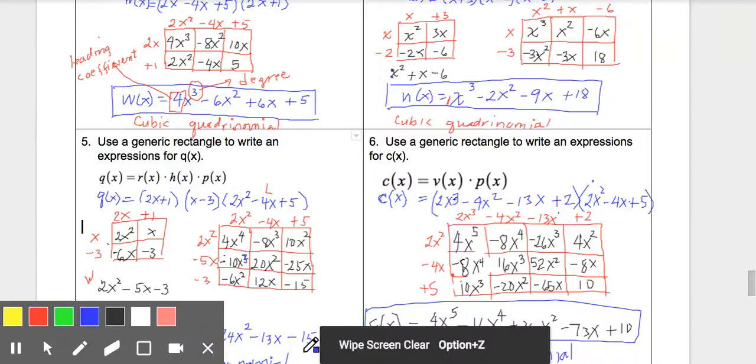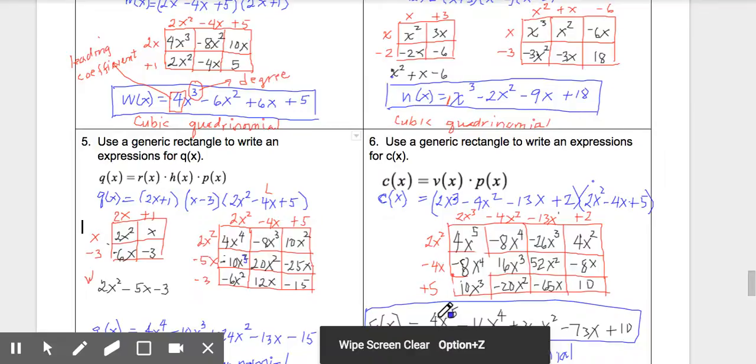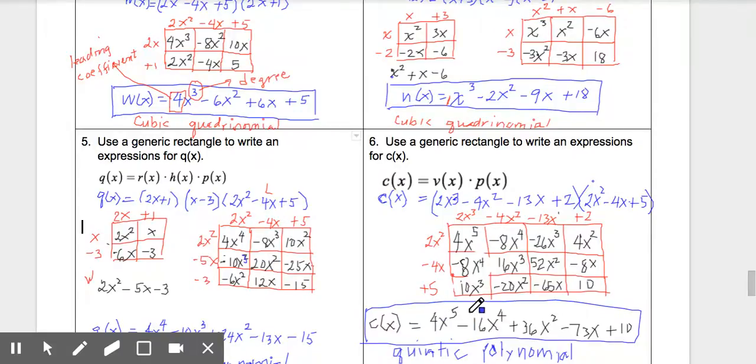In this polynomial, the leading coefficient is 4, the degree is 5, and the constant term is 10. We call this a quintic polynomial.